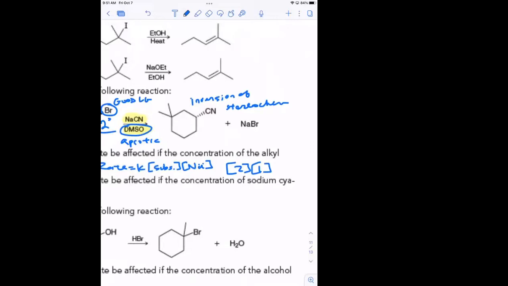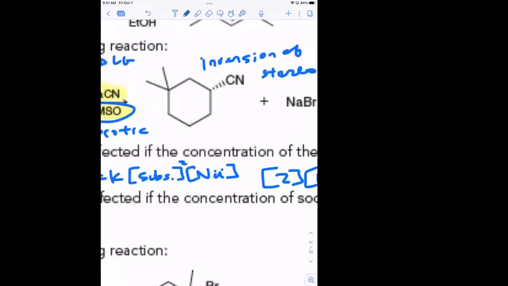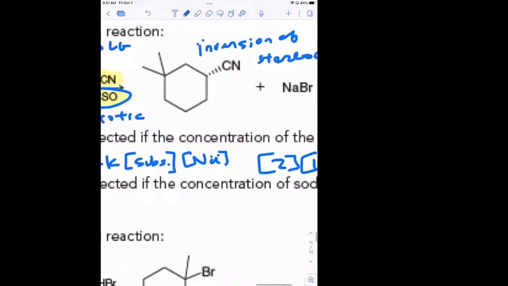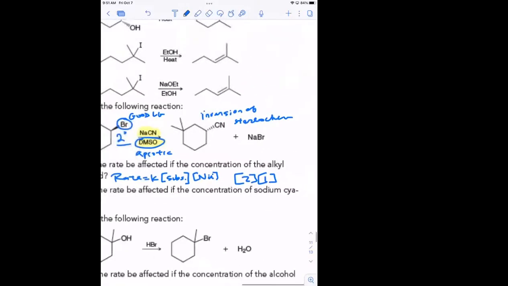If it's third order, you'll have either 3 reactants, or you can have an exponential rate, because one is the exponent outside of the bracket. One could be 2 and one could be 1, so on and so forth. Right, but this is second order overall. So that means that both of those exponents are 1. And that means if I double 1 and leave the other one the same, the rate should double.